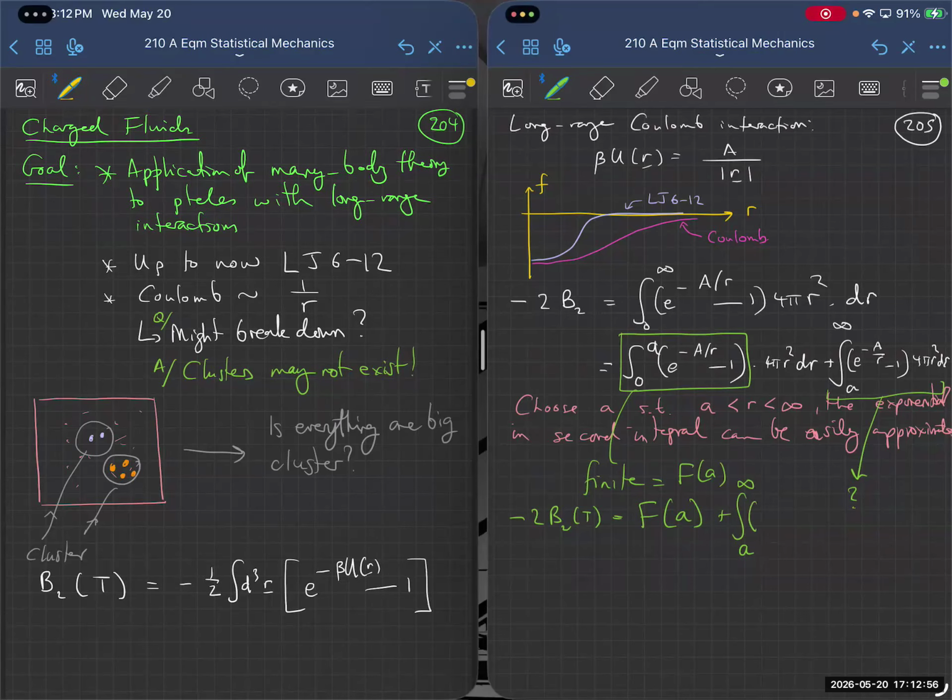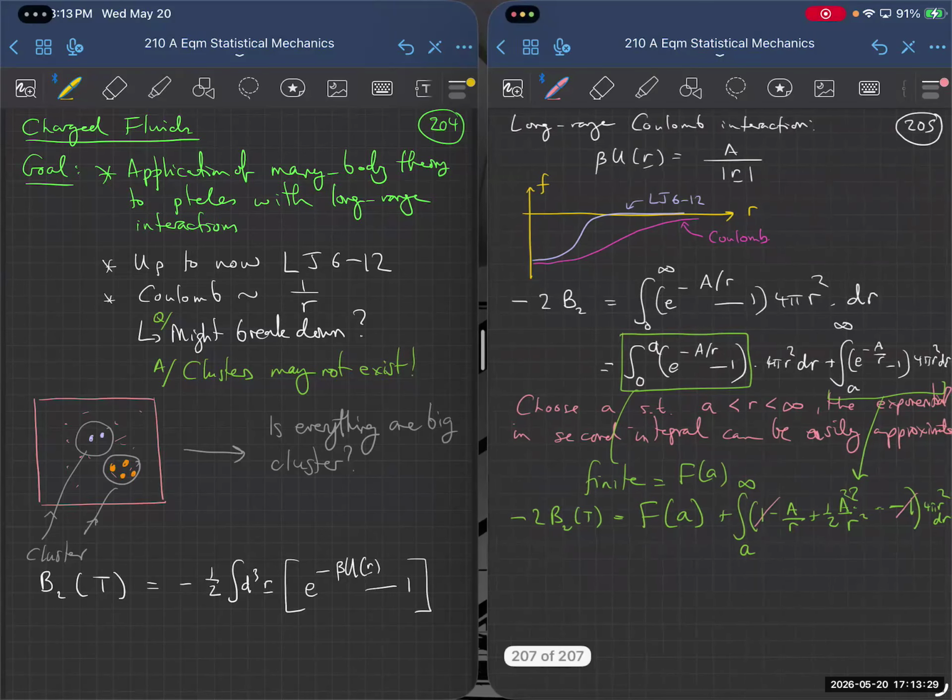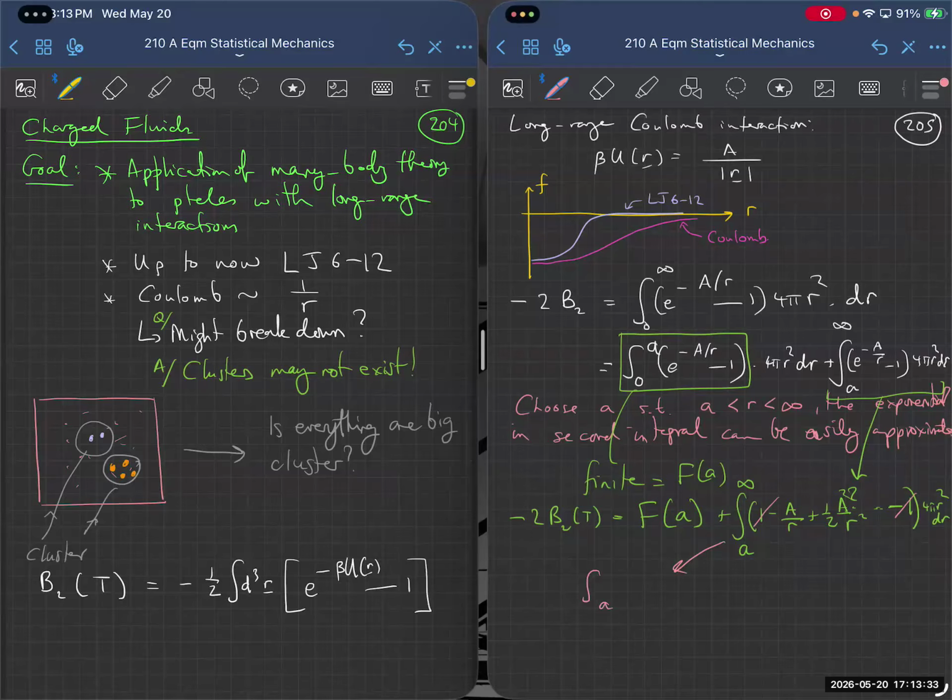So I've got the integral of 1 minus a over r plus 1/2 a squared over r squared minus the next term, and then minus 1, times 4 pi r squared dr. You can see that the 1 cancels, and so this thing is then the integral from a to infinity of minus a over r plus a squared over 2 r squared, times 4 pi r squared dr. And this integral is divergent.